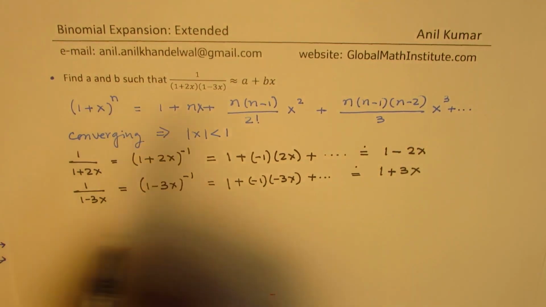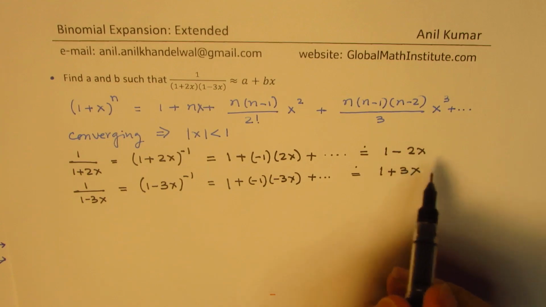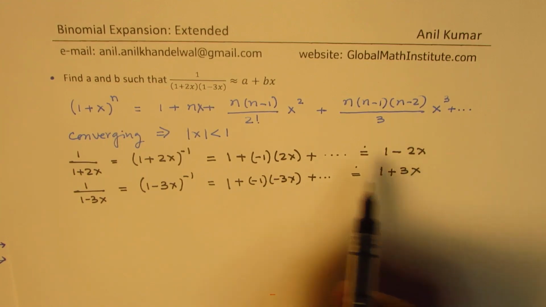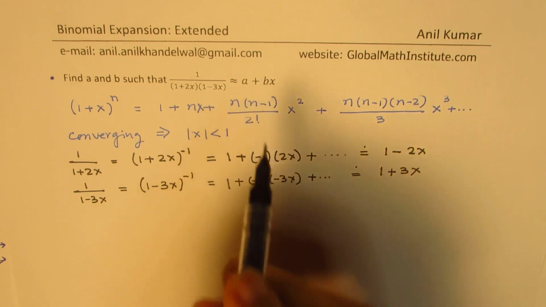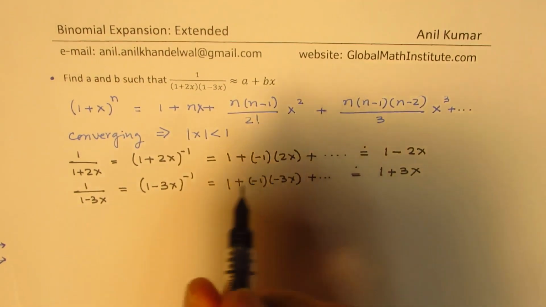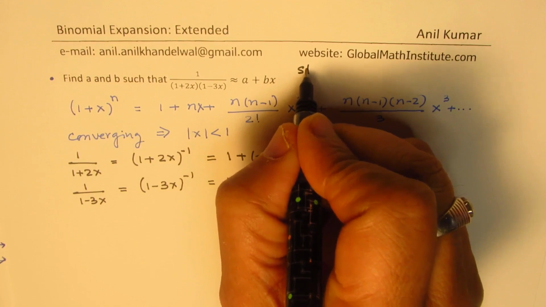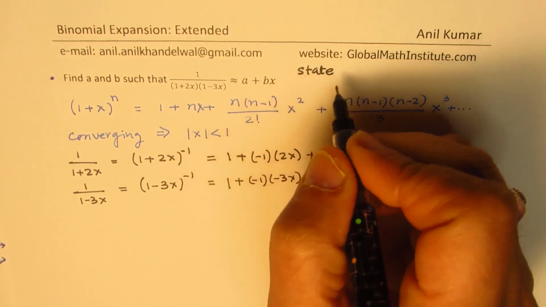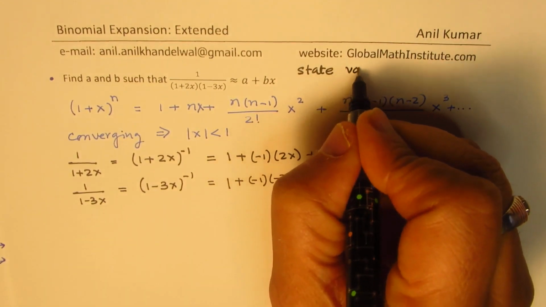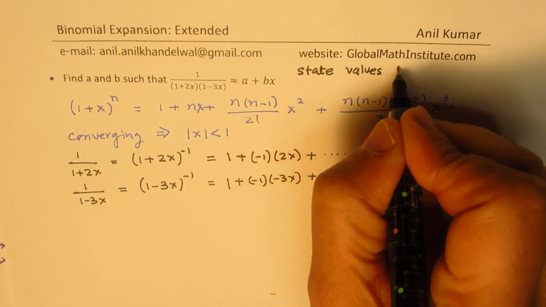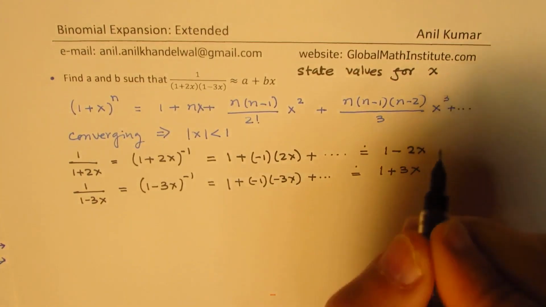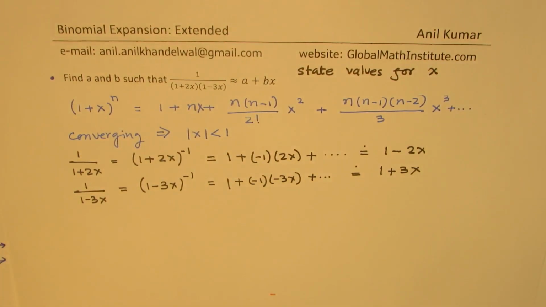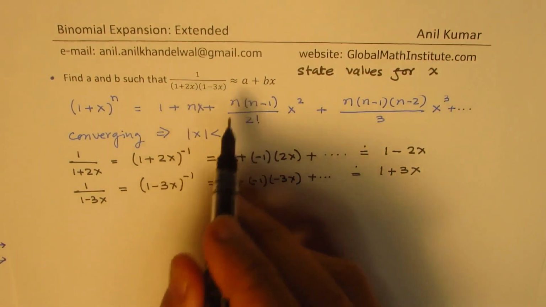Now it is important to note that we have to write the restrictions also in this particular case, right? So let me extend this to say: state values for x when this expansion is valid, right?